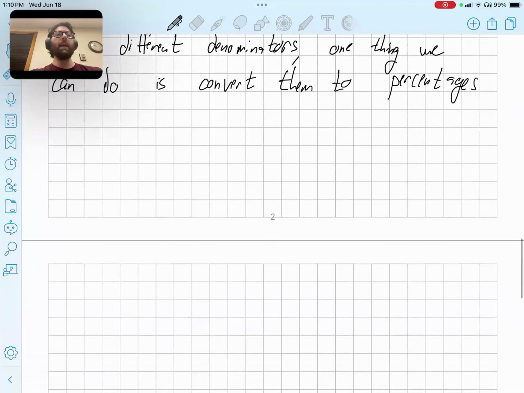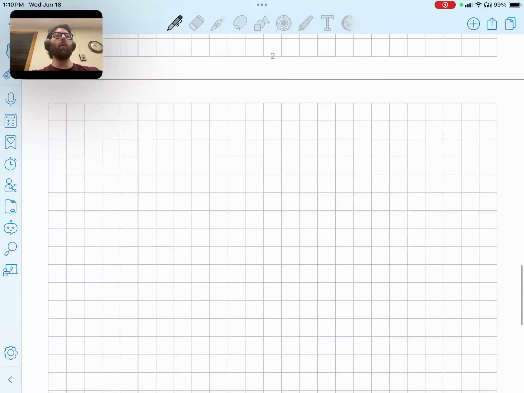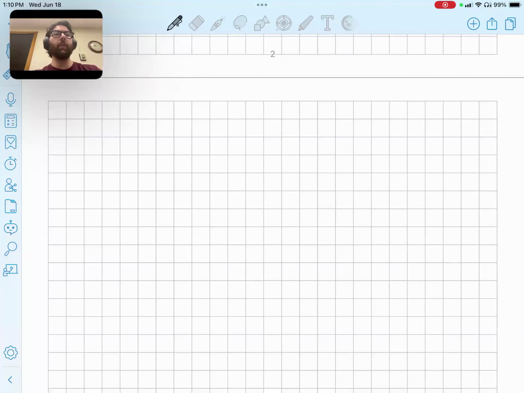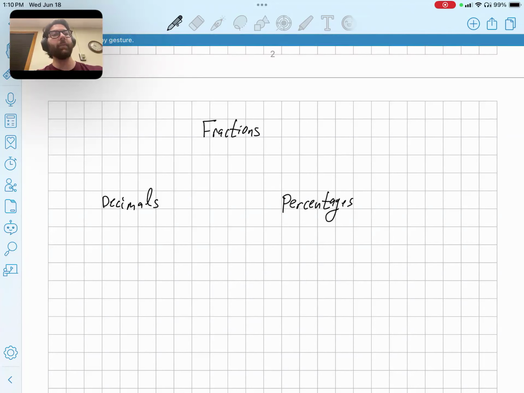And so what we'll see is there's going to be three different things we're going to be looking at. We're going to be looking at fractions, percentages, and decimals. And so we can convert from percentages to fractions. We know how to do that.